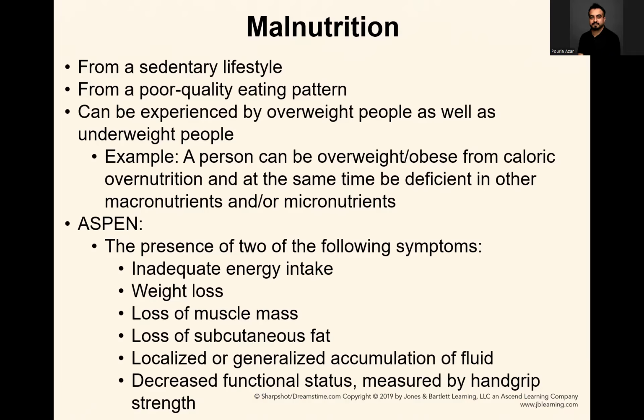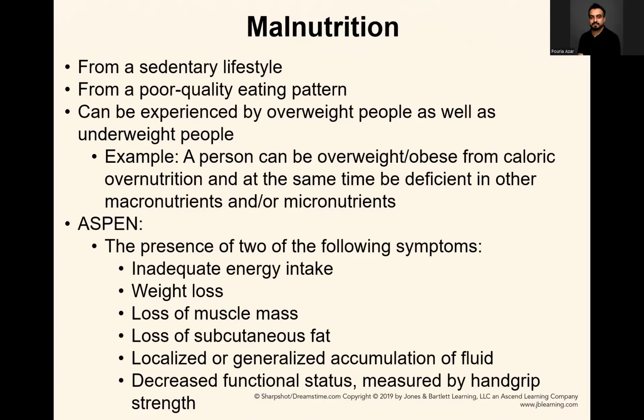Malnutrition is one of them. For an introduction, malnutrition is a condition ranging from undernutrition to overnutrition. Undernutrition is nutrient deficiencies, and overnutrition can be caused by consuming an extreme amount of calories or nutrients. Overweight and obesity is a type of malnutrition.